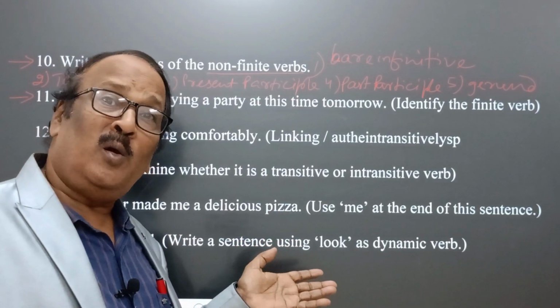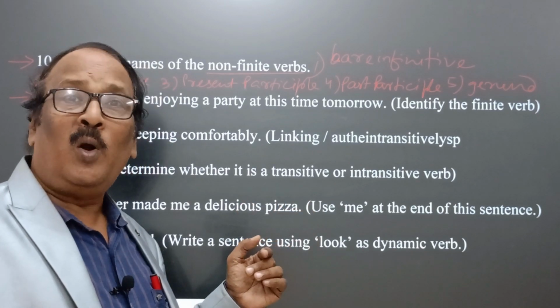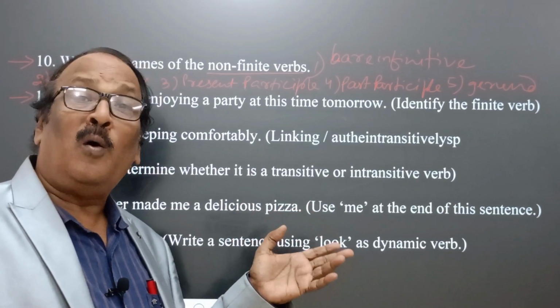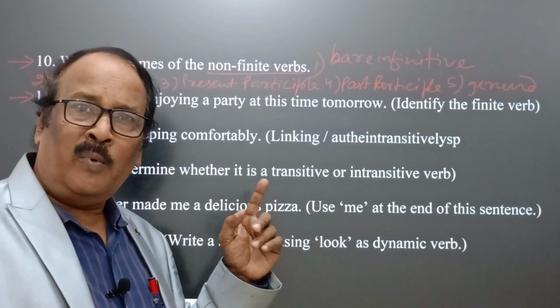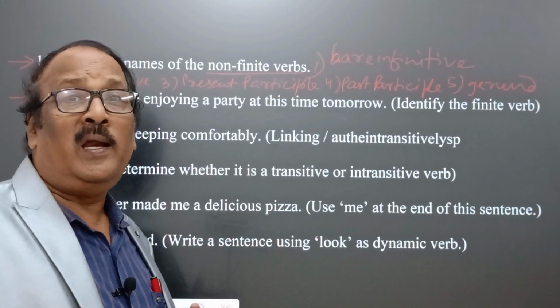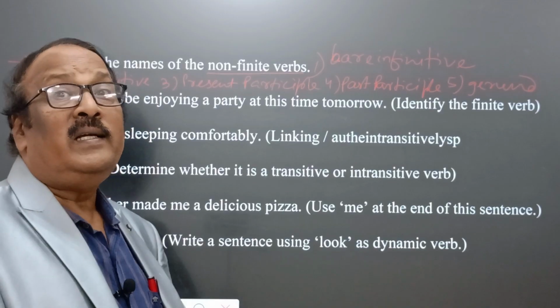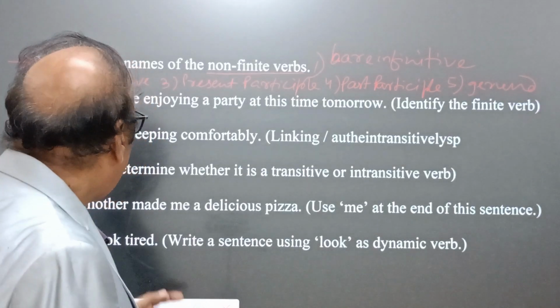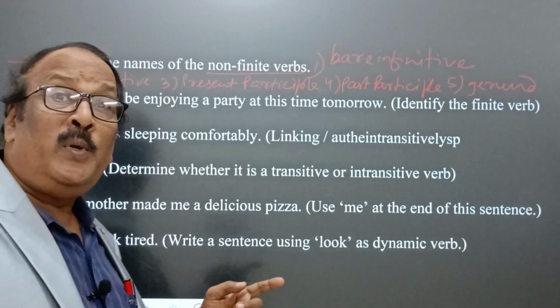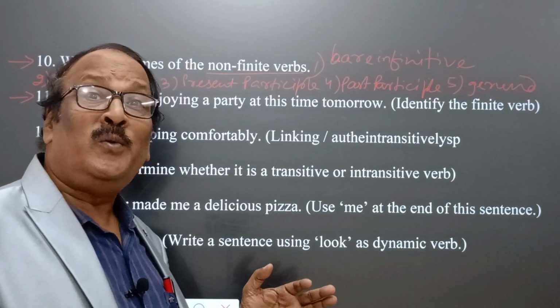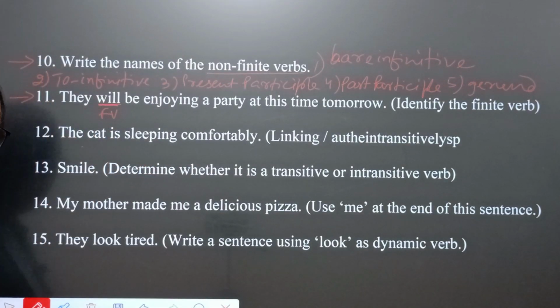It may be a primary auxiliary, it may be a modal, or it may be the main verb. The verb must be finite if it carries tense. Okay, here will carries future tense and future time. Will is the finite verb.